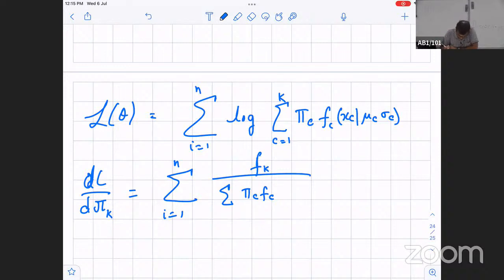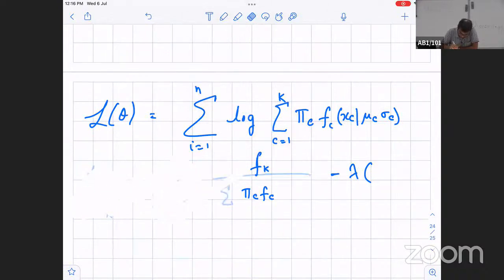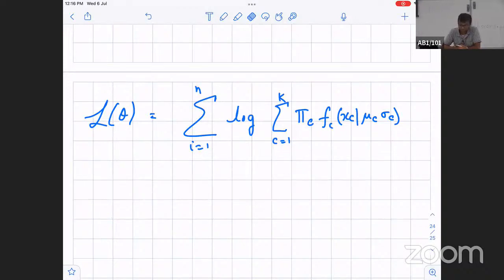It's correct so far. We just need to add one more term. This is x i, that is correct.